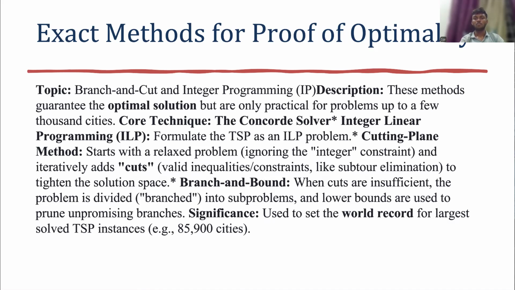Branch and bound: when cuts are insufficient, the problem is divided, branched into subproblems, and lower bounds are used to prune unpromising branches. Significance: used to set the world record for the largest solved TSP instance. Example: 85,900 cities. Now we are going to the next slide.